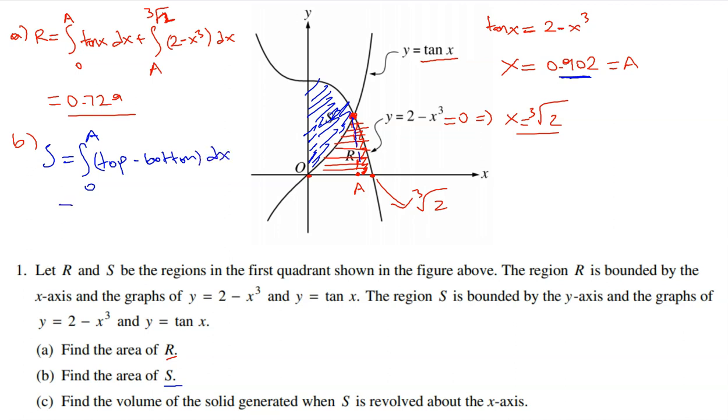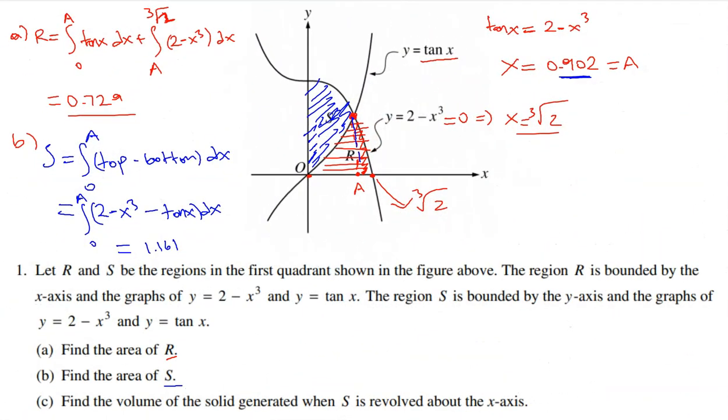The top curve is 2 minus x cubed, integral from 0 to a, minus the bottom curve, tangent x, dx. Again, if we use our calculator skills, we end up with this result, 1.161 as the area of S.